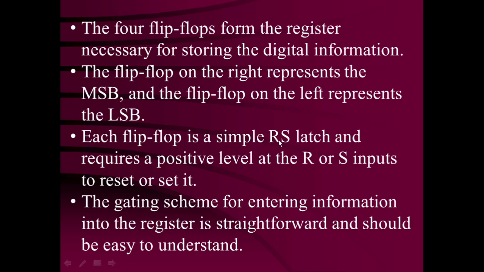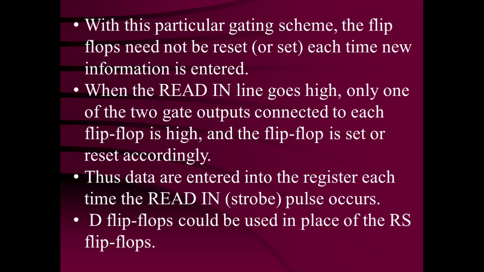Each flip-flop is a simple RS latch and requires a positive level at the R or S input to set or reset it. So to set the flip-flop, S equal to 1 is required, and to reset the flip-flop, R equal to 1 is required. The gating scheme for entering the information into the register is straightforward and should be easy to understand.